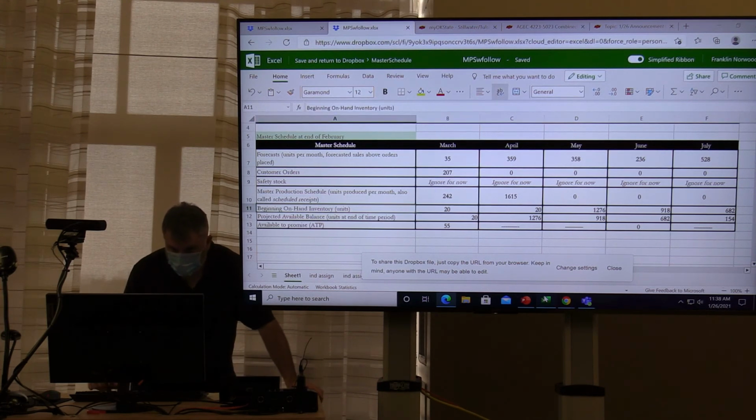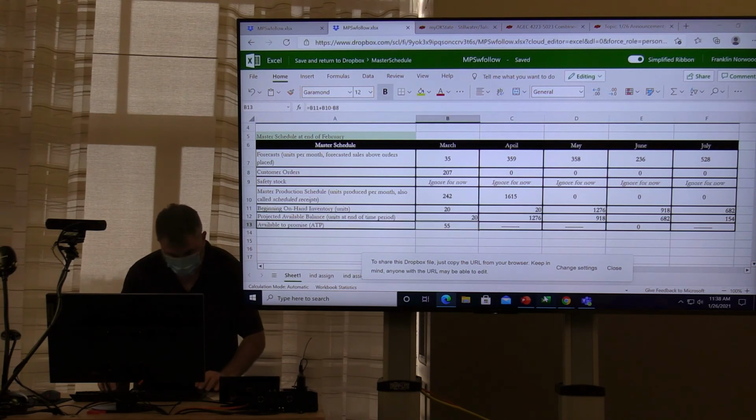And if the numbers and formulas are correct, let's see, this first one here, we're going to count 20 plus that.